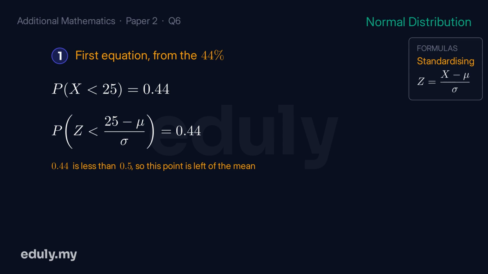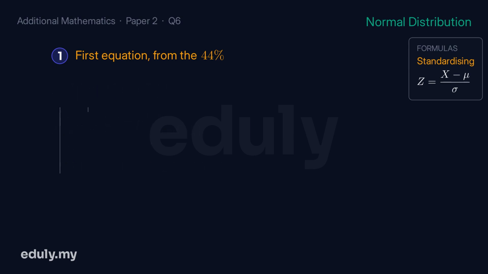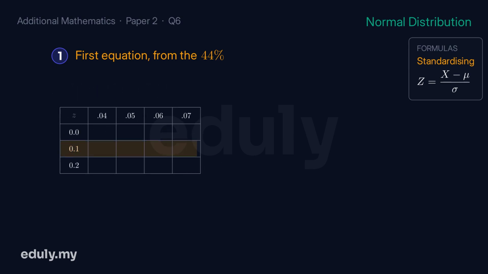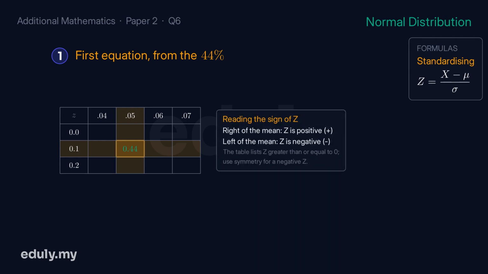Here is the part to watch. 0.44 is less than a half, so this point sits to the left of the mean. Standard normal tables only list positive z, so we look up the area 0.44 and read off where it lands. Z equals 0.15, about 0.151.